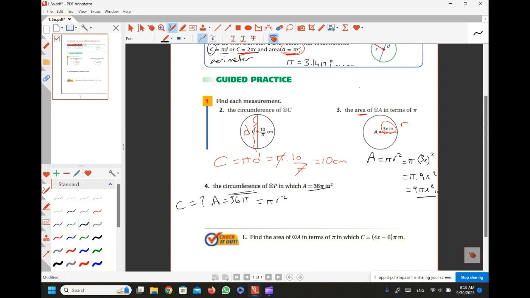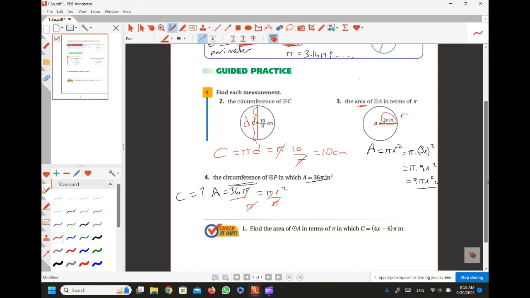You equate the given area to the formula pi r squared. You have pi's on either side. You can divide both sides by pi. They will cancel each other. And you are left with 36 on the left, and on the right, you have r squared.